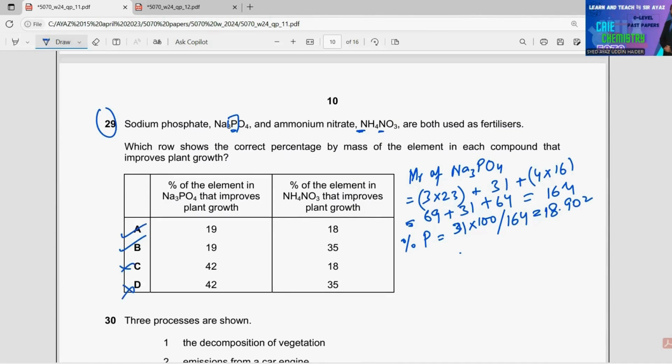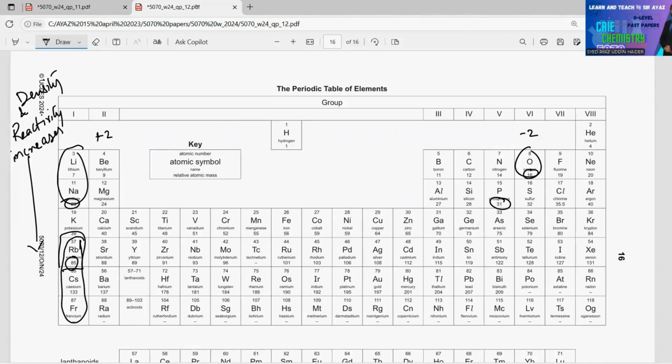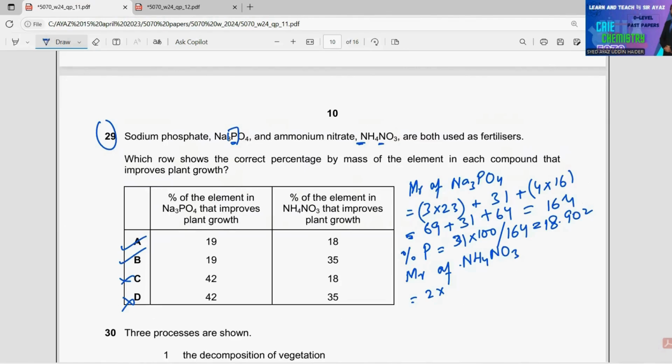Let's find the percentage of nitrogen in ammonium nitrate. First of all, we need to find the MR of ammonium nitrate, NH4NO3. We have two atoms of nitrogen, so I will multiply 2 by the AR of nitrogen, which is 14. So 2 multiplied by 14, plus we have 4 atoms of hydrogen, 4 multiplied by 1, the AR of hydrogen, plus 3 atoms of oxygen, which means 3 multiplied by 16.